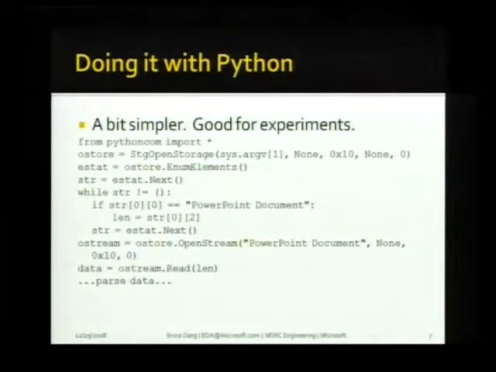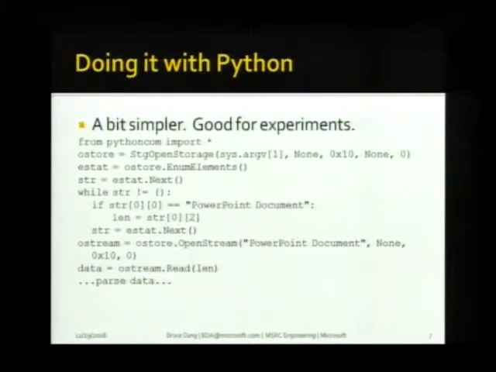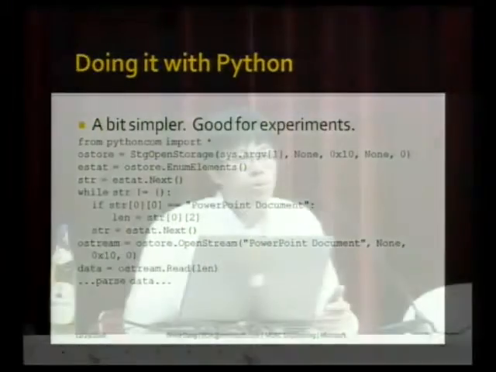Python has a package called Python COM, which is a port that calls the Win32 API, so it has the same function names. You pass the file name, enumerate the elements, and it passes you back a list. You iterate through it, and you read or write from it, whatever you want. And that's it.